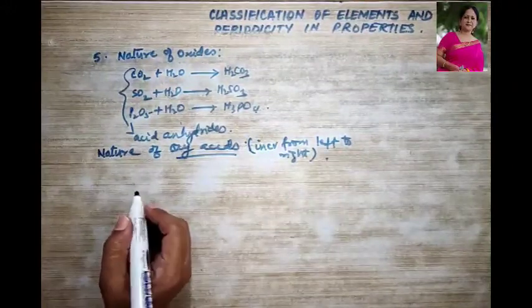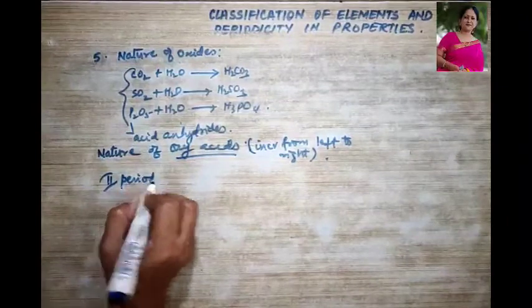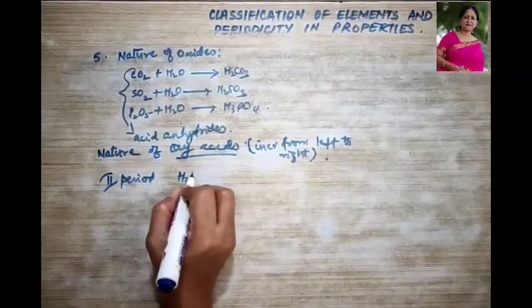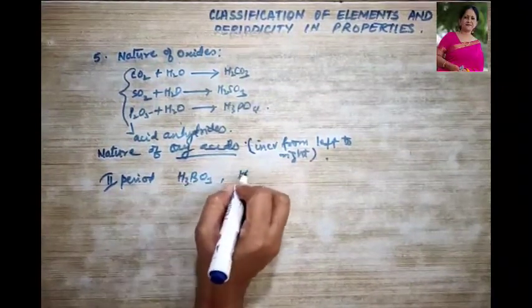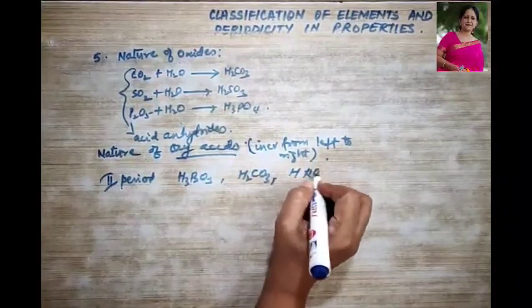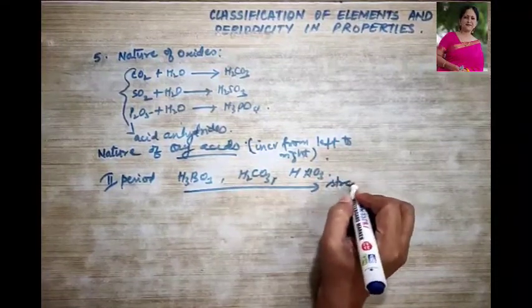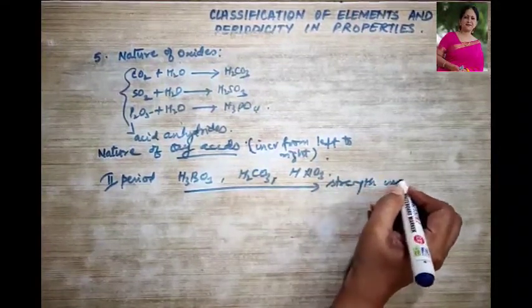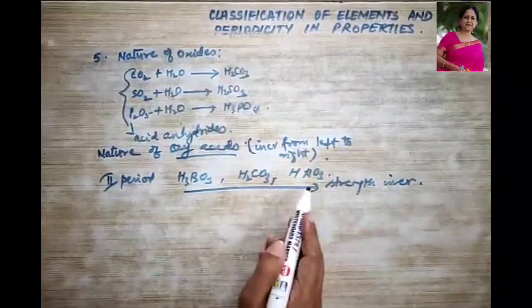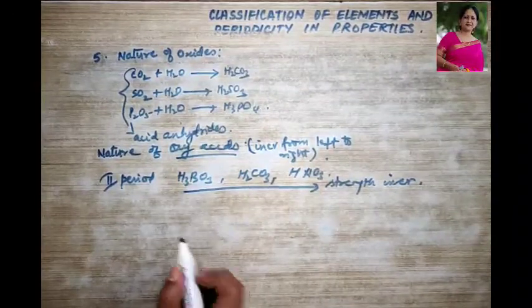Let's take a few examples. In the second period, we have H3BO3, H2CO3, HNO3. So what is happening? Look over here. The strength is increasing. Which one is the stronger acid? HNO3 instead of H3BO3.